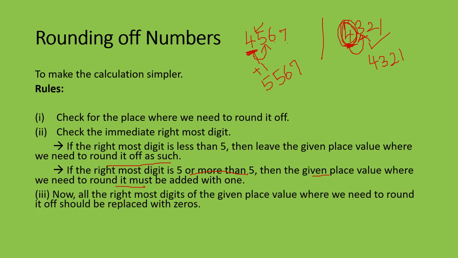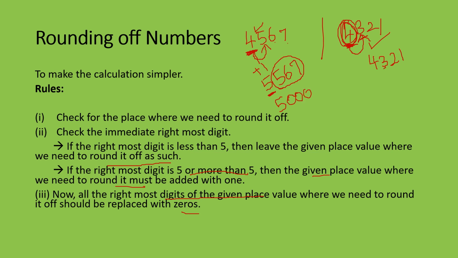Now all the digits to the right of the given place value where we need to round it off should be replaced with 0. So here in this example, this is the place we need to round it off, right? So all the digits to the right can be changed to zeros.